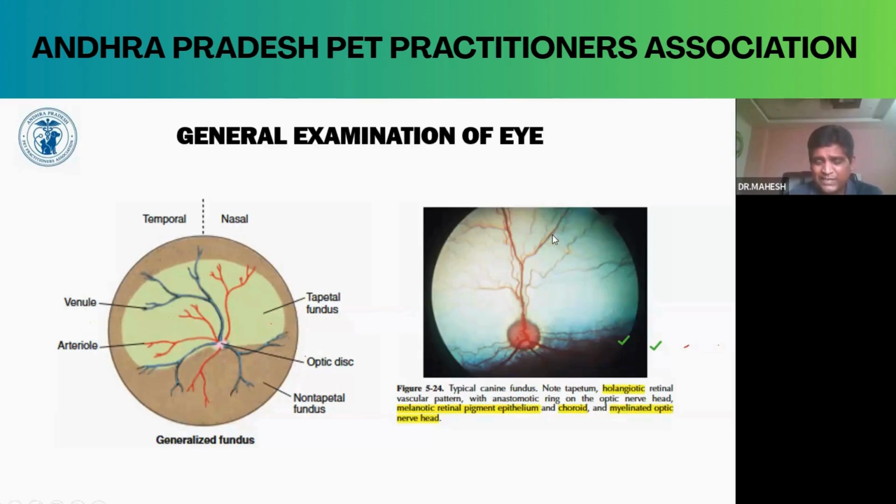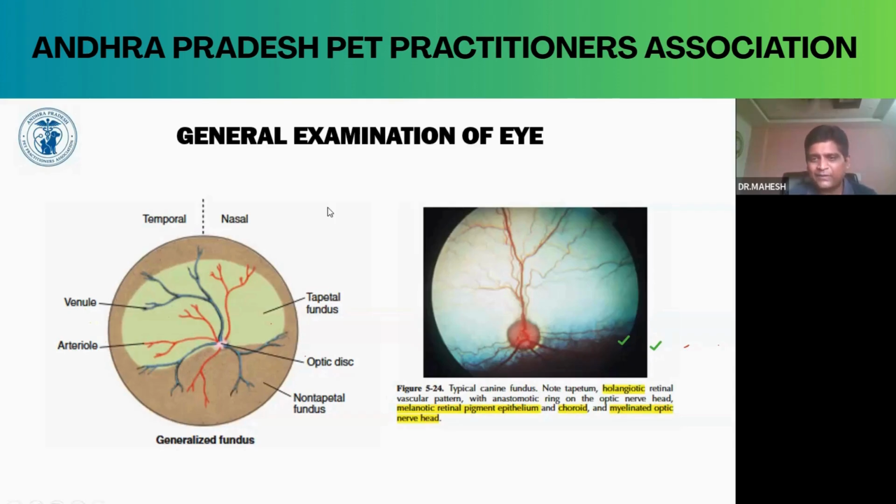Here you can see the highly reflective tapetal fundus, whereas the non-reflective area is the non-tapetal fundic area. This is the optic head or the optic disc. It will be present at the junction of the tapetal fundus and the non-tapetal fundus. Generally in canines, it is present at the junction.